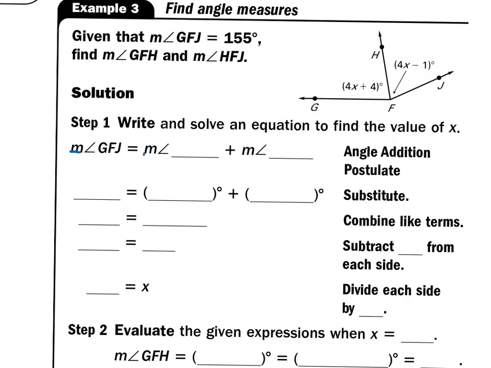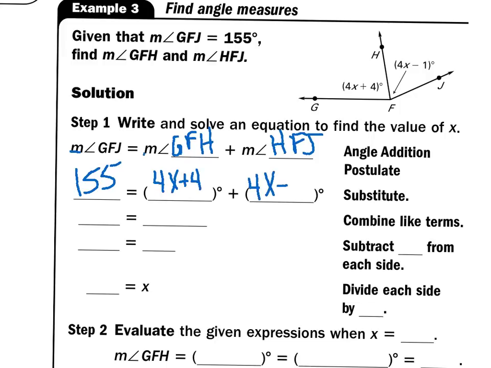And so, GFH and HFJ, substitute in for what we know. 155 equals 4x plus 4. And do you see how they wrote those in parentheses? In case we had any sign problems.